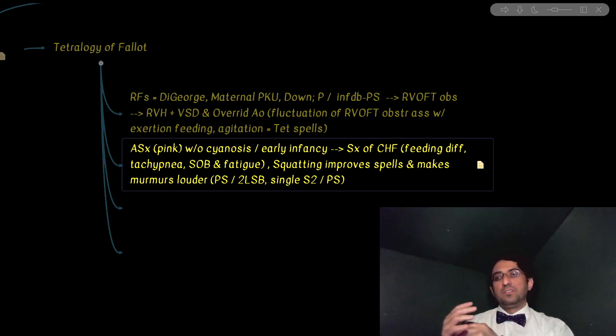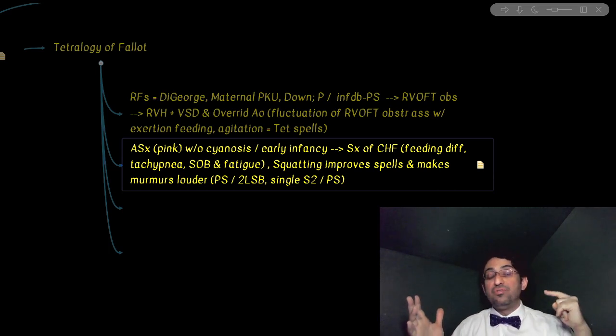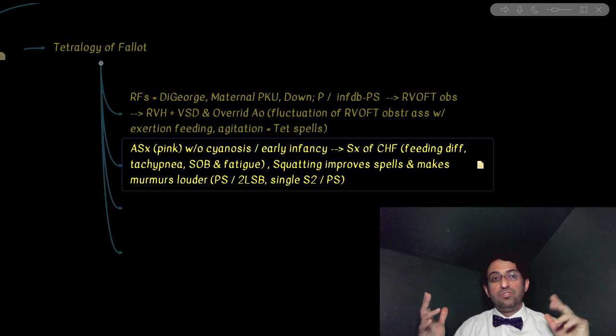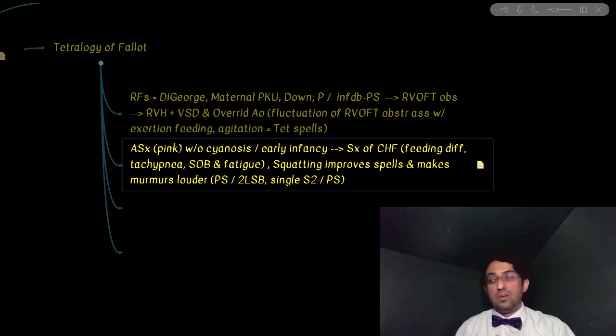In isolated pulmonic stenosis, increased stenosis would result in increased transvalvular gradient and therefore increased intensity of the murmur. But in tetralogy, because of the presence of the VSD, increased stenosis of the right ventricular outflow tract would result in less flow across the stenotic valve and a softer murmur, to a point that in very severe TET spells we may not even hear any pulmonic stenosis murmur.